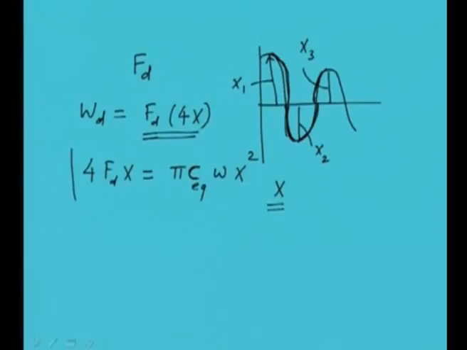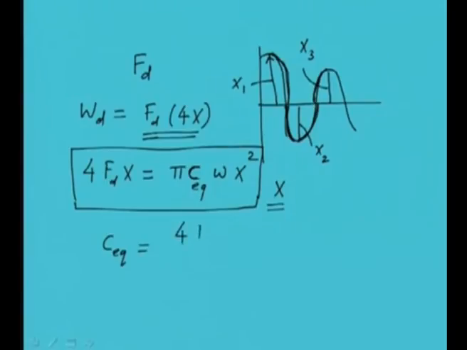So what we are doing is equating the energy of two different damping models, and our aim is to obtain the equivalent viscous damping coefficient. So this will be given as pi omega x. This will get cancelled.